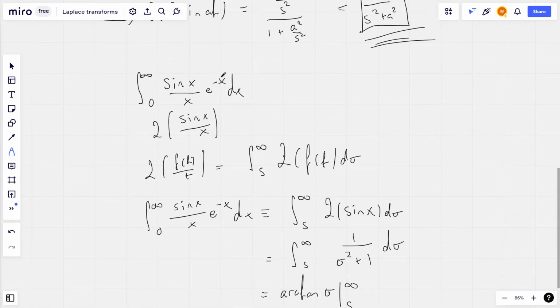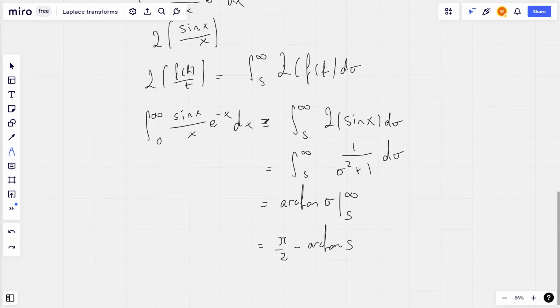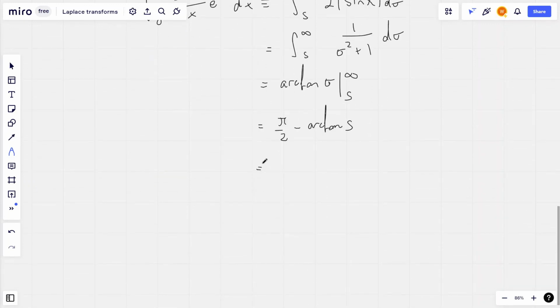In our case here, we were just missing an s, so if we had this, we would have an s, but in our case, this s is just 1. So this is equal to pi over 2 minus arctan of 1, which is just pi over 2 minus pi over 4, which is equal to pi over 4.